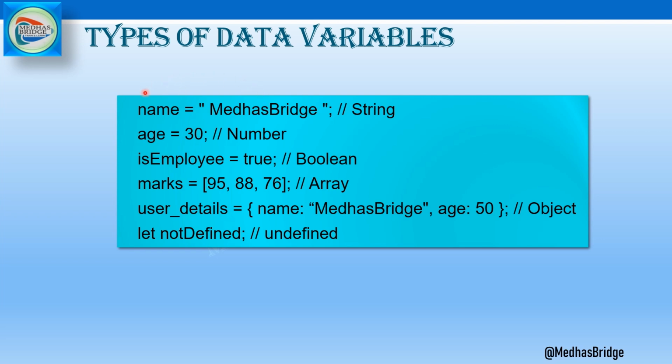Generally this requires a declaration, which is called data type declaration. String data type, number data type, boolean data type, array data type, object data type. That's all, right? So this is called data type declaration for the variables based on the data that you are going to store.